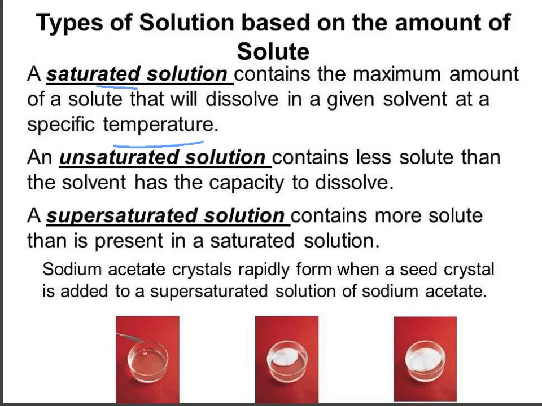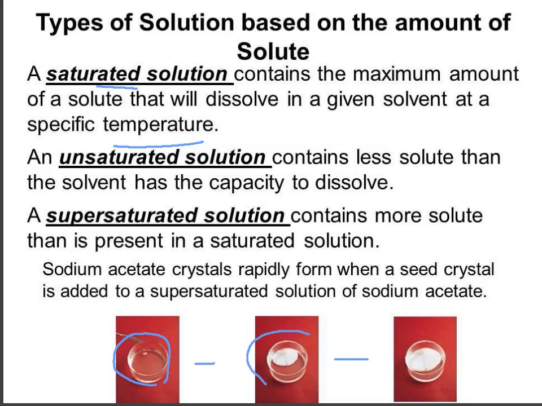A very good example of these types of solutions is seen here in the diagram. We have, for example, a saturated solution. We only have a little amount of dissolved particles. What about, for example, when sodium acetate crystals are added?